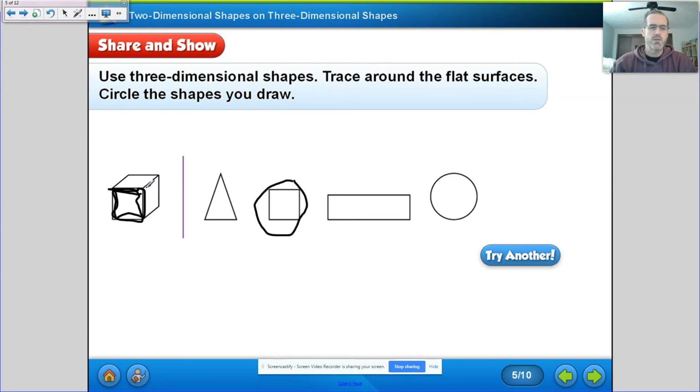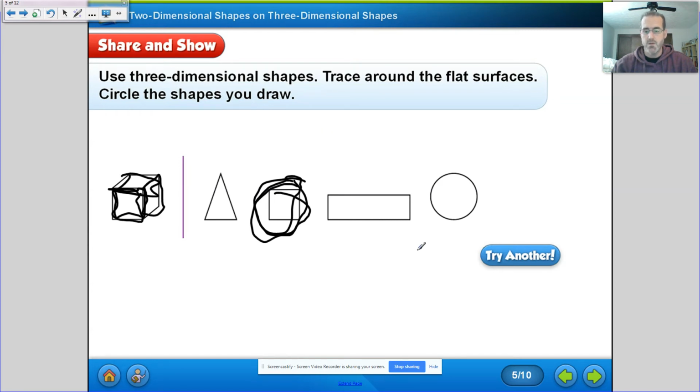How about this one? 1, 2, 3, 4 sides, all the same length. Another square. How about up here? 1, 2, 3, 4. Those are all the same length, and another square. So we found those are all squares that we can see. And of course, on the sides that we can't see, this is a cube, so there are another 3 squares that we can't see.